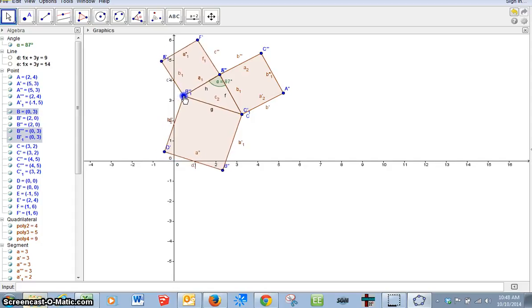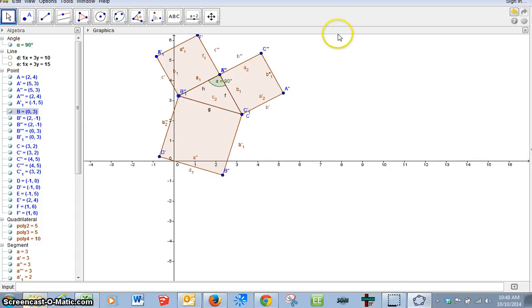Here's my right angle. I kind of like that to pop into right at some point. And I'm just not going to be able to get it precise enough. Okay, so here's what we have to work with.